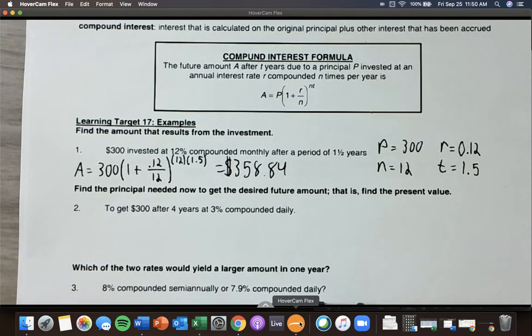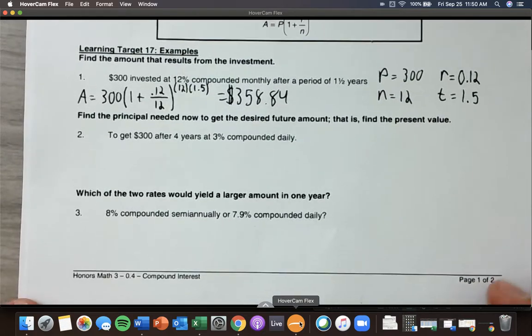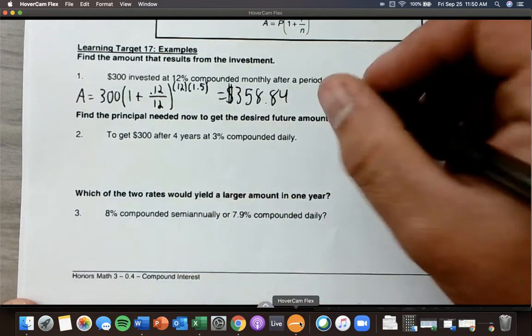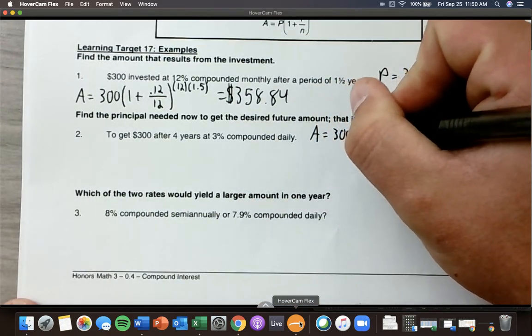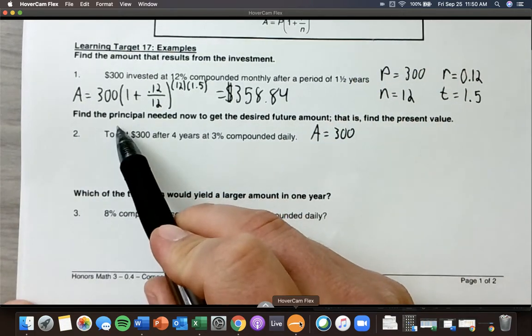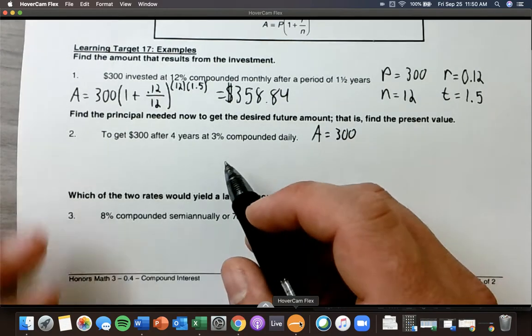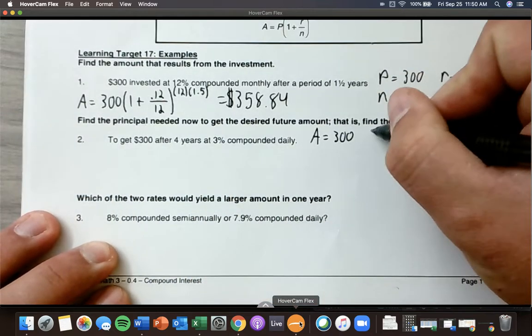All right, so let's look at another example here. This time, we know our A value. We're trying to get to $300, so A in this case is 300. We're trying to find the principal, so we're solving for P in this one. It's given that our time is going to be 4 years, so T equals 4.